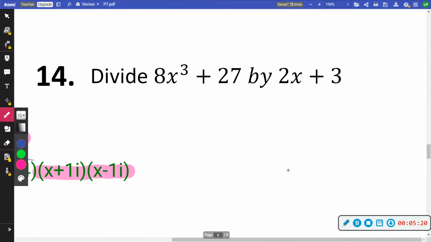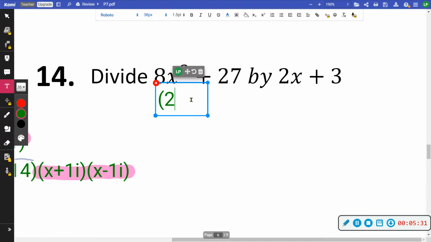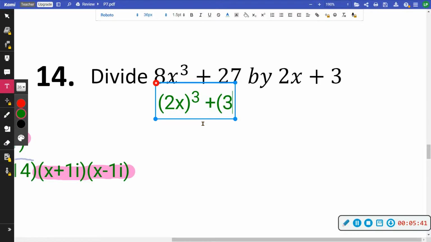All right, this problem, you could use long division or what I call the tic-tac-toe method, or you could recognize that this is actually a perfect cube. And so this factors into 2x to the third, and then that'd be 3 to the third.